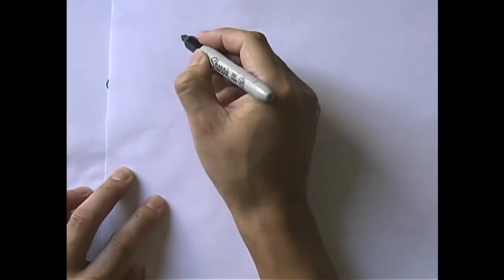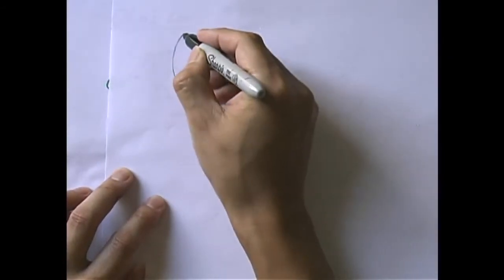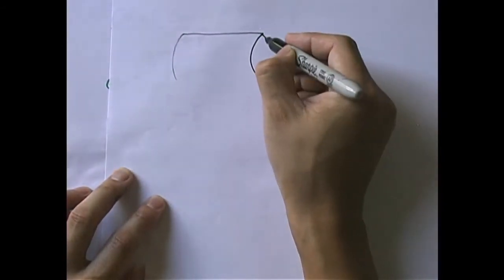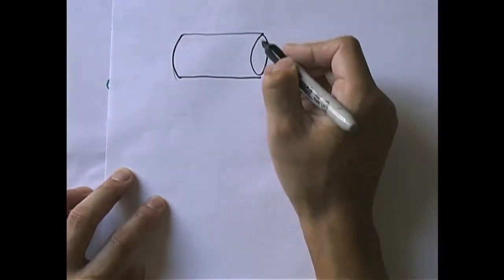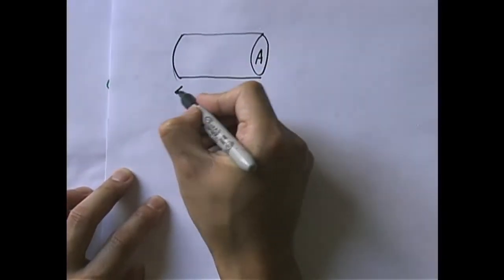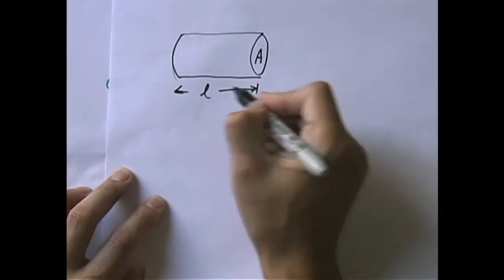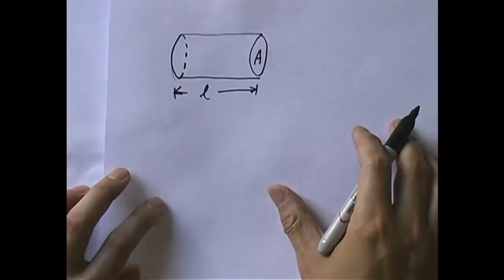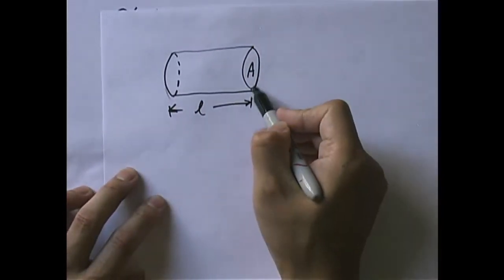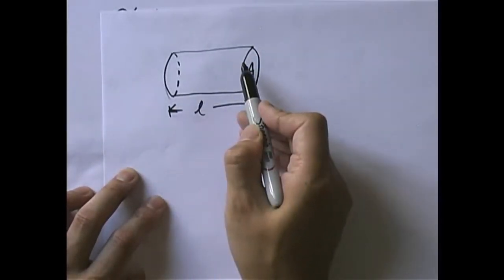Suppose I have a piece of metal or whatever material. It's got a uniform cross-sectional area A, and it's got length L. Now, I wish to establish an electric field in its region, so therefore establishing a current.